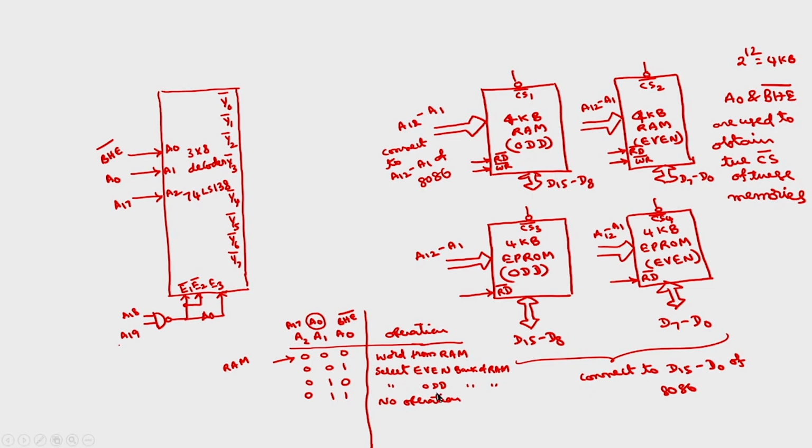Okay. And if I take this, 4 will be for RAM. Now, next 4 will be for EPROM: 1, 0, 0, 1, 0, 1, 1, 1, 0, 1, 1, 1. These are all for EPROM.